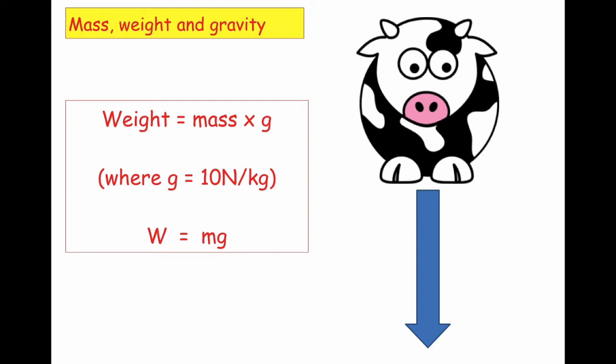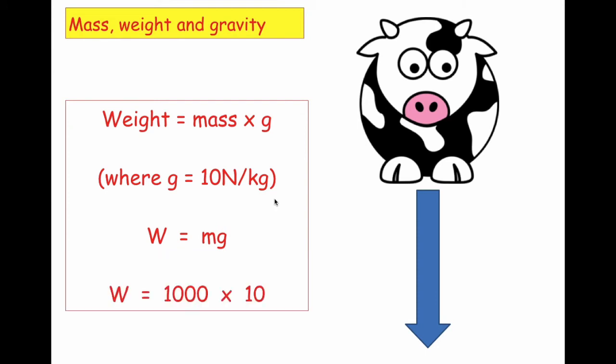So what is the weight of this cow? If the mass of the cow is 1000 kilograms, the weight will be 10,000 Newton. Why? Because it is multiplied by 10 Newton force of attraction by the Earth. So weight is the force due to the gravitational field.